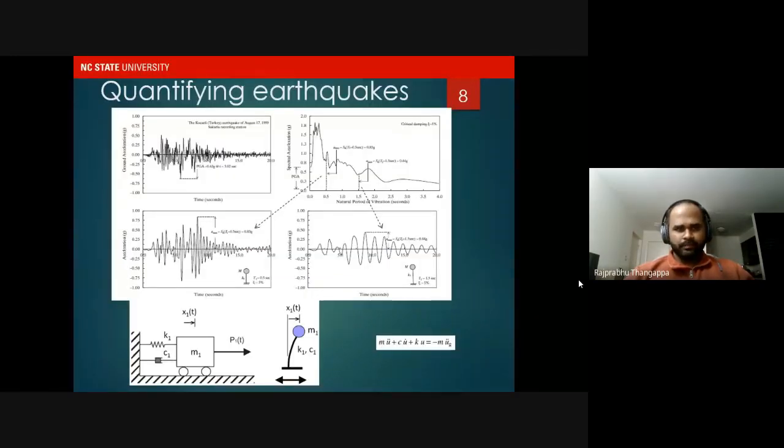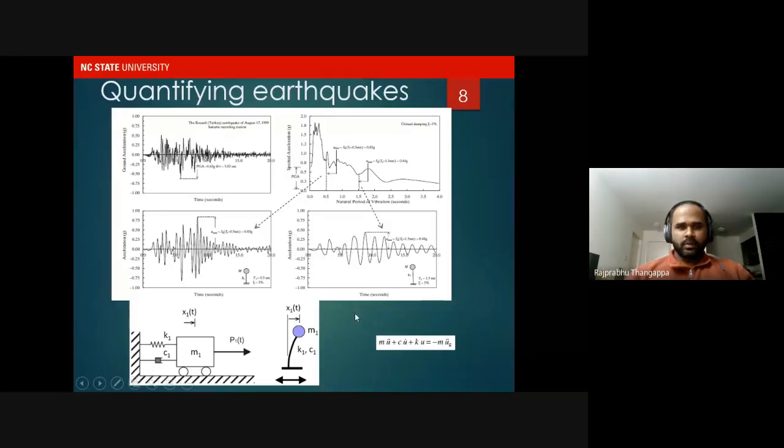So moving on, I would be interested in talking about how to quantify earthquakes. So here we have an acceleration record and a response spectrum and two time histories.